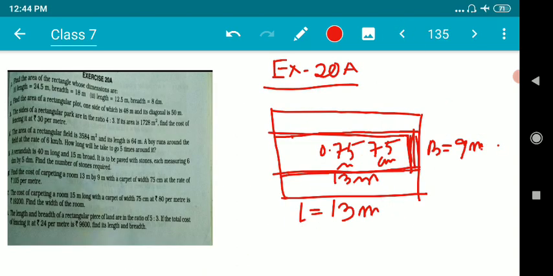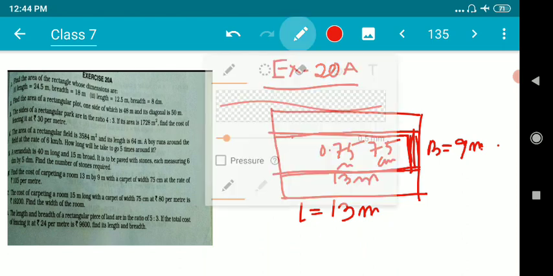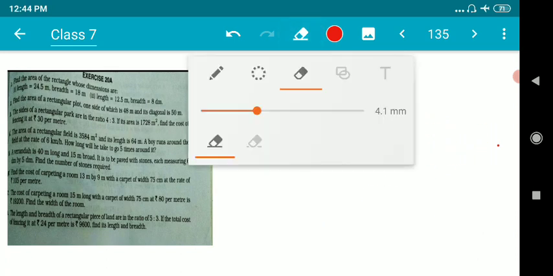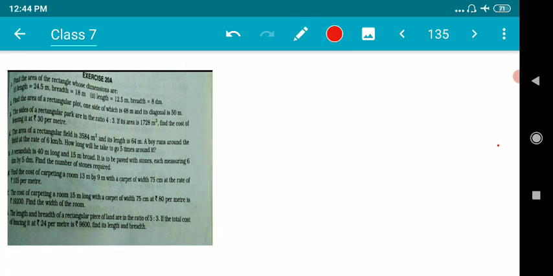So the next question which we can solve is question number 8. Question number 8 is very interesting, I find. It is about the length and breadth of a rectangular piece of land in the ratio of 5:3.